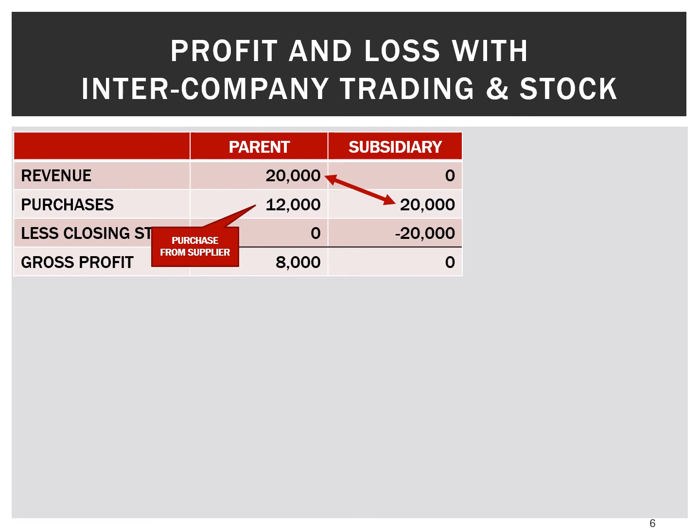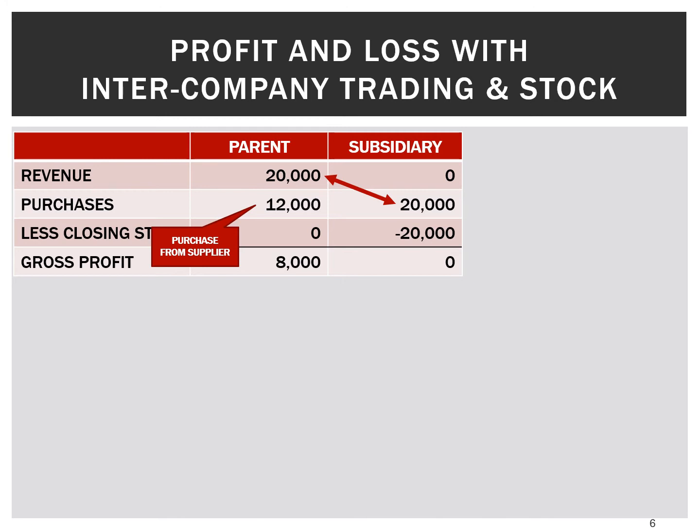It still has them in stock at the end of the financial period, and consequently in the subsidiary company's individual profit and loss account it will be showing the £20,000 purchase from the parent company, and then it will be showing a closing stock adjustment of £20,000, which will be reflected in the balance sheet of the subsidiary as inventory.